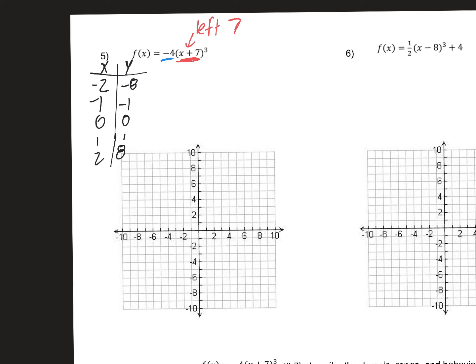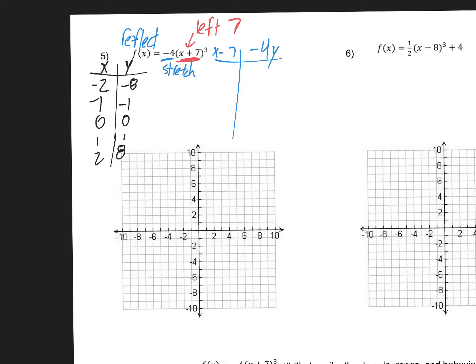Remember, it's going to make your graph reflect or flip, and it's going to make it stretch. Okay, so it's actually 2 in 1, but we can cover that all in one single math step, okay, which makes our life a lot easier. So here we go. To go left 7, I'm going to do x minus 7, and that -4 in the front is just -4 times my y values.